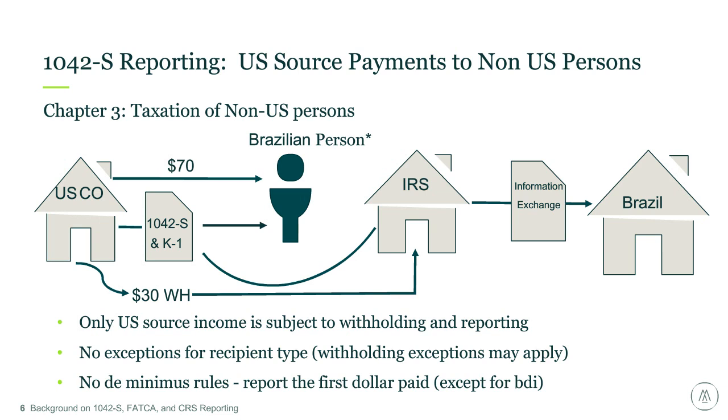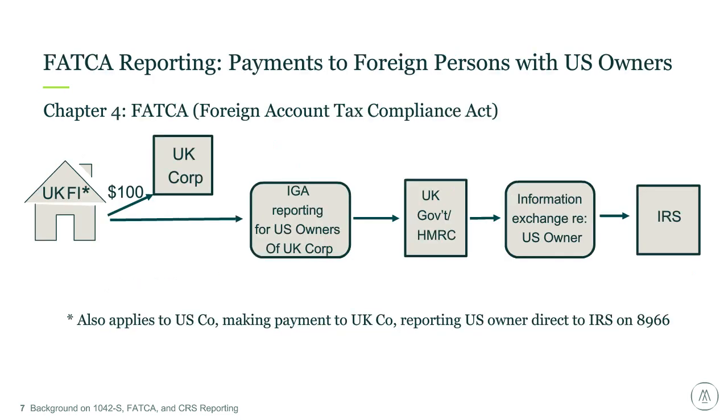Now we're going to move to FATCA. Everyone hears FATCA and wonders, what is that? Now, there is a component of FATCA with your 1042-S reporting. You have to designate that withholding either under Chapter 3 or Chapter 4, but that's not FATCA reporting. FATCA reporting is actually the compliance and the corresponding withholding under the intergovernmental agreements.